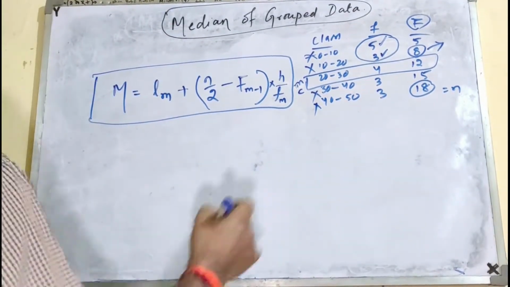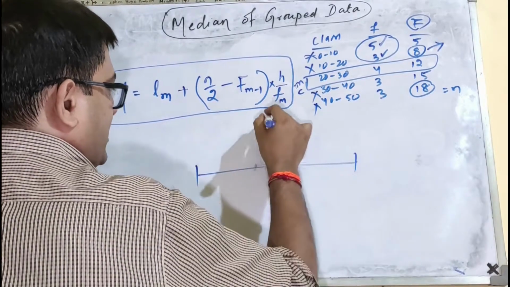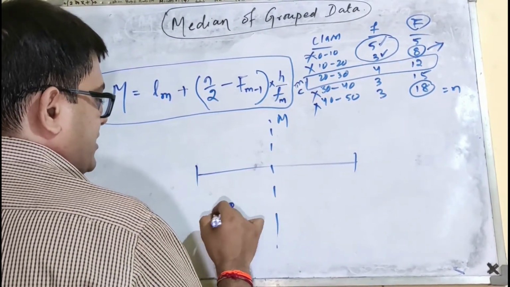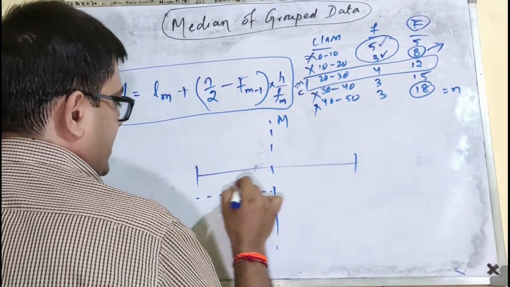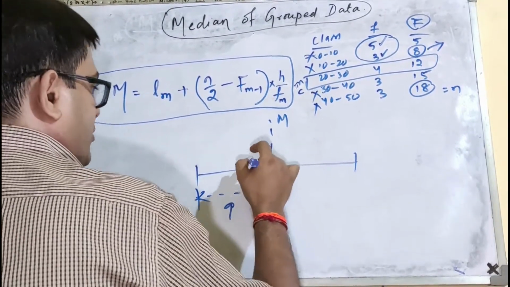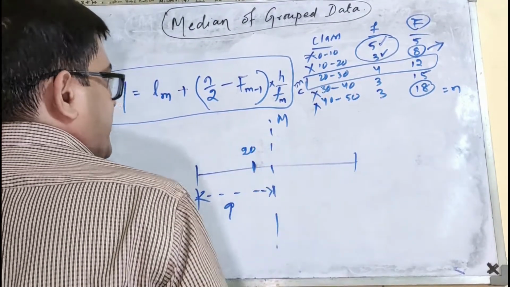We know that n is 18. So if the total class size is 18, the median mark is somewhere around here. The n by 2 is 9, so this particular length is 9. Now the median class, we know that the lower limit of the median class is 20.